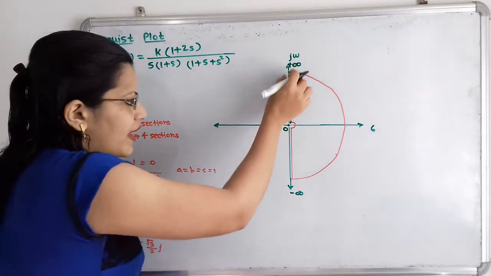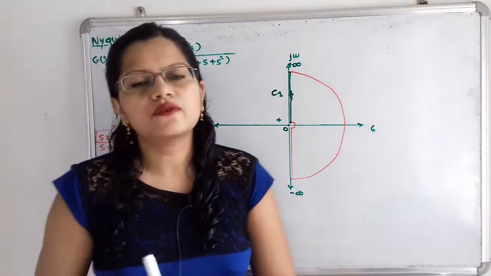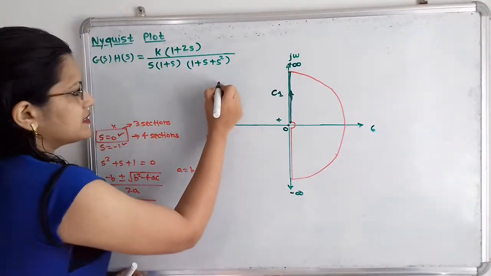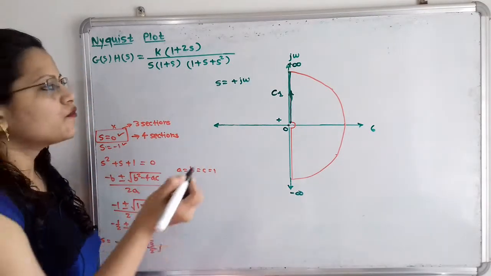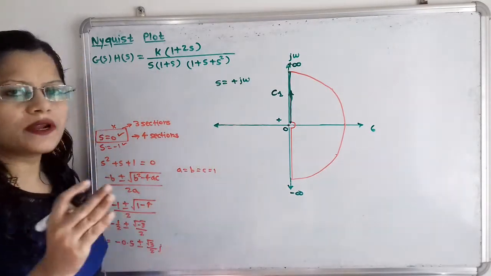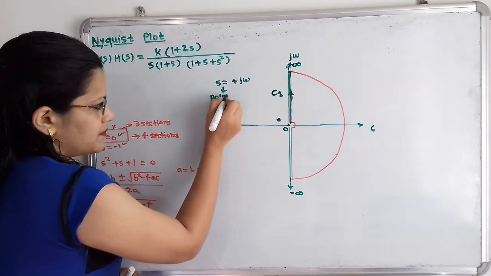So to find its contour, we have to plot s is equal to plus j omega, and whenever we put s is equal to plus j omega, this plot is known as the polar plot.